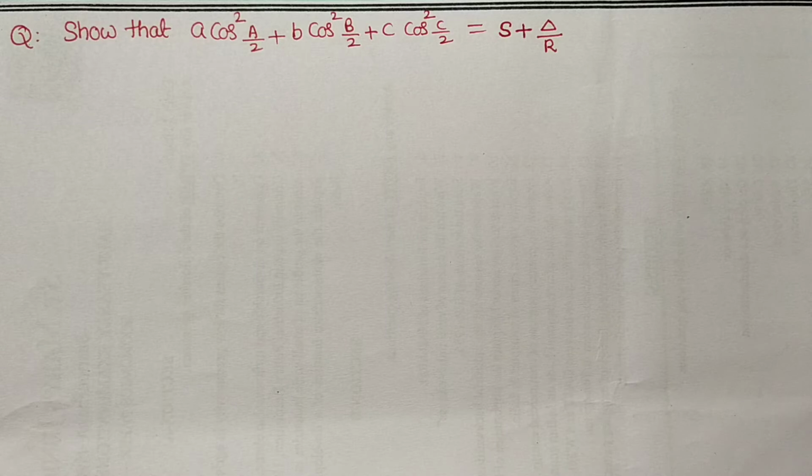Show that a cos square A by 2 plus b cos square B by 2 plus c cos square C by 2 equals s plus delta by capital R. First consider LHS.